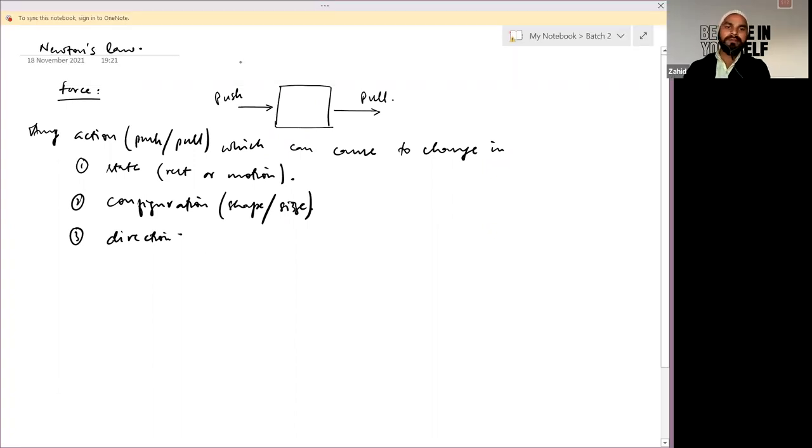Yes, sir. Now suppose there is a block which is placed over any surface. And if you apply any external force on this object along this direction, it may be experiencing some forces. First, due to gravity, mg, in downward direction.